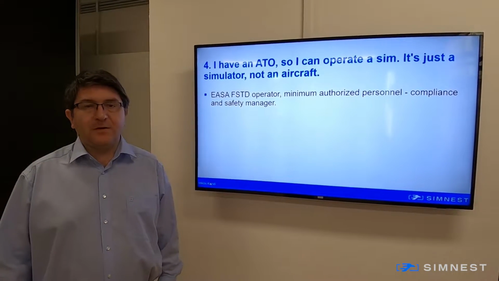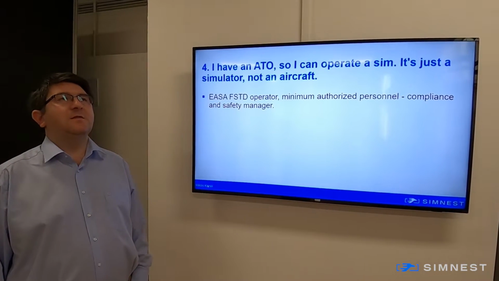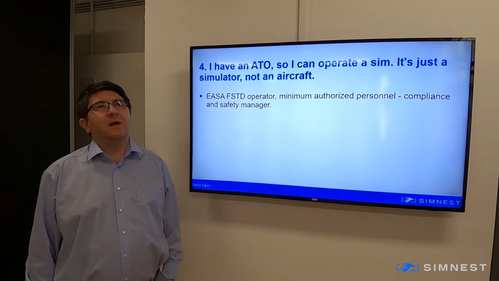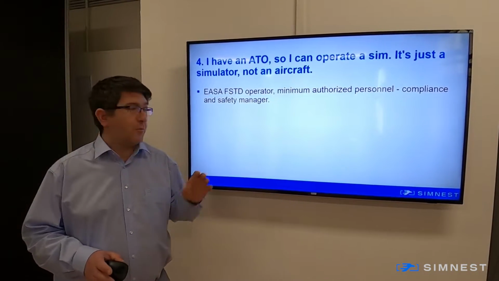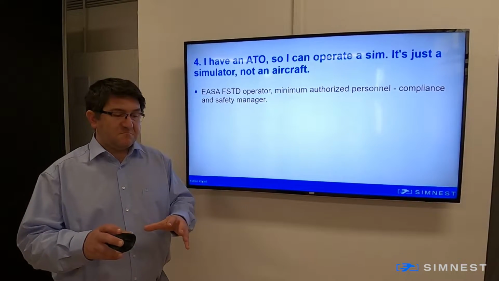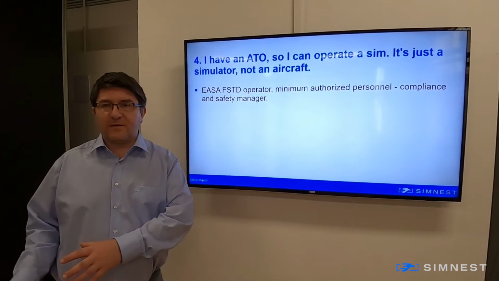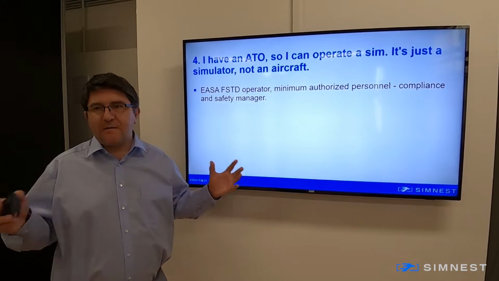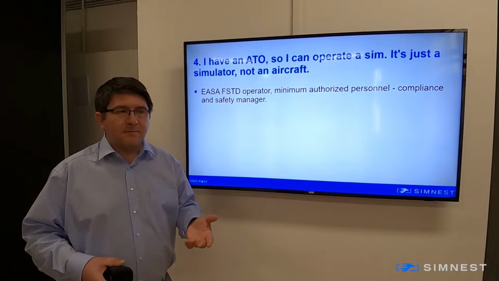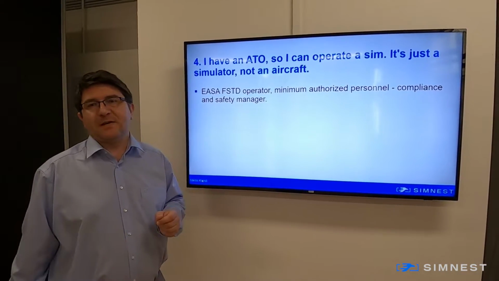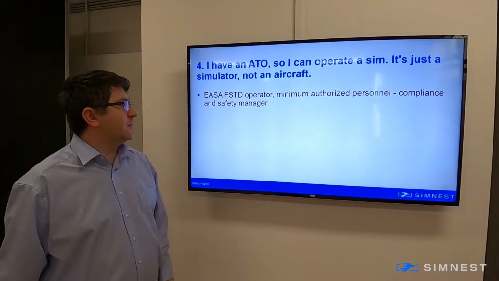And operating an FSTD, the authorities will not make a difference operationally whether it's an FNPT or a full flight simulator. Maybe the full flight is a bit more complicated and complex, but the system should be absolutely the same. So you have to build a so-called FSTD operator.